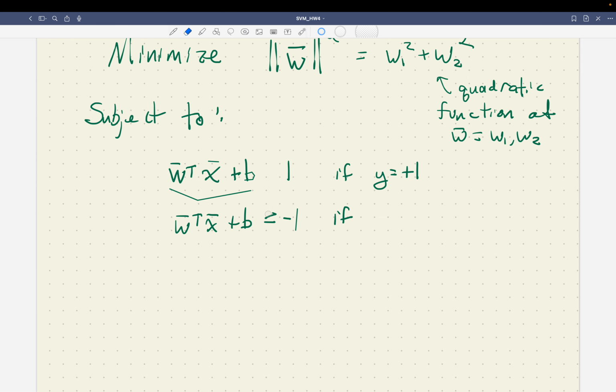This should be greater than or equal to 1 if it's a positive instance, because here's the corresponding input. So yeah, that's right. And now this needs to be less than or equal to minus 1 if y is equal to negative 1. So for the negatively labeled ones, this needs to be true, and for the positively labeled ones, that needs to be true.